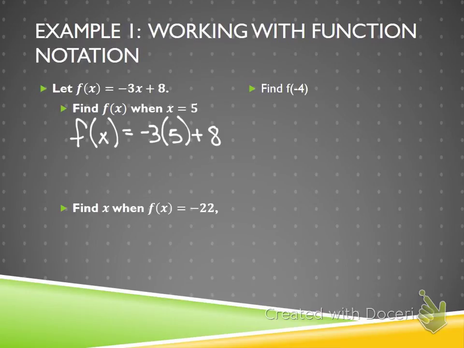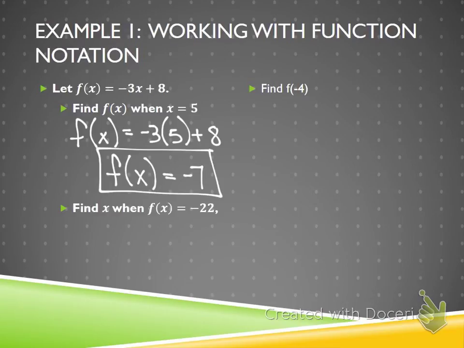And what is negative 3 times 5 plus 8? What is it? No. Negative 15 plus 8 is negative 7. And this is how you write your answer. F of x equals negative 7.